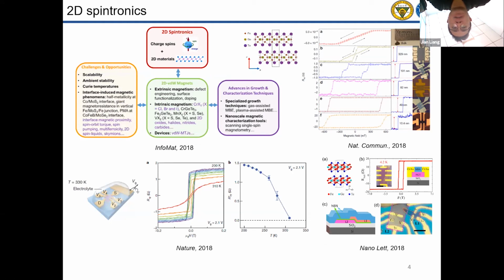When long-range magnetic order was discovered in a monolayer of chromium triiodide, it broke their theory, and many intrinsic 2D magnets have been discovered in recent years with different properties, including conductors, semiconductors, and insulators. In spintronics, we focus on the Curie temperature, saturation magnetization, coercive force, and scalability. And FGT has advantages in these areas.